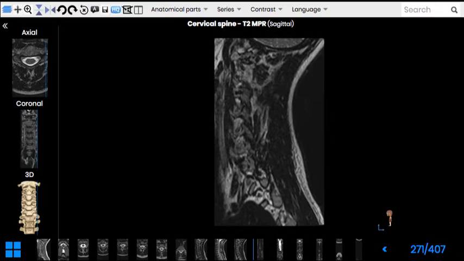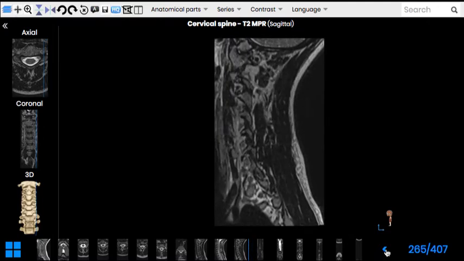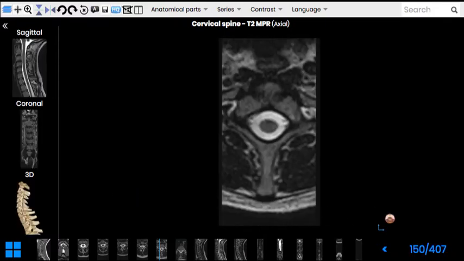The full name is zygapophyseal joints, but we commonly shorten it into the Z joints or facet joints. The facet joints are the common source of chronic pain in the different regions of the vertebral column, so we need to look at them and compare the ones on the right with the ones on the left side.